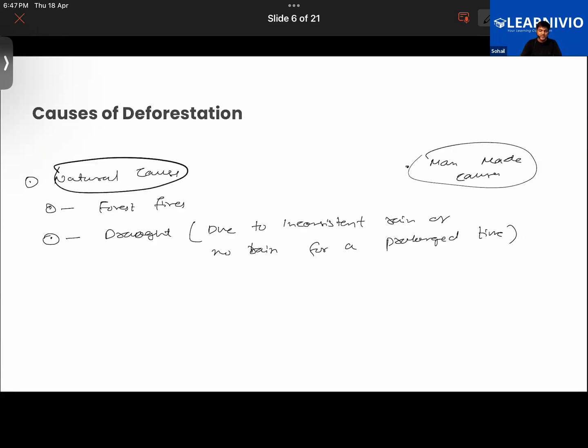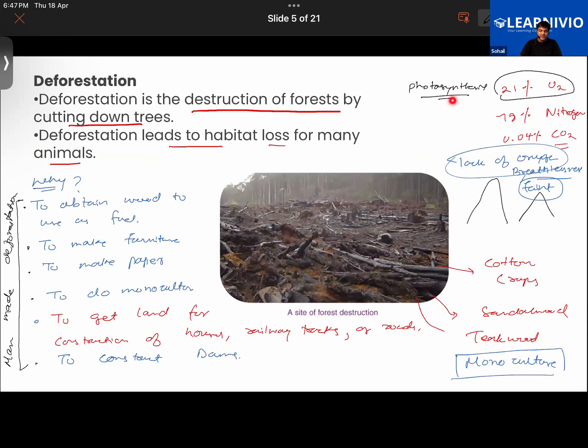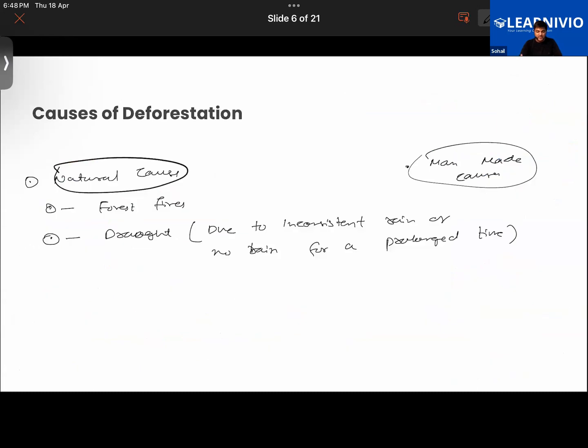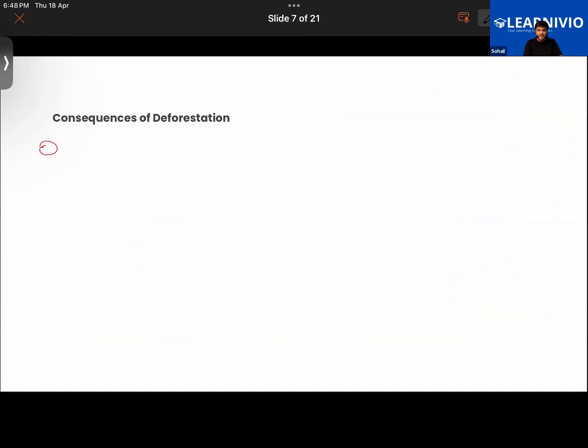Because we know that carbon dioxide is one of the inorganic compounds required in the process of photosynthesis. So plants are taking it in. If a good number of plants are there, they will be taking in the excess carbon dioxide from the atmosphere. But if there are no plants, carbon dioxide will still be there in the atmosphere, causing many problems, like global warming.